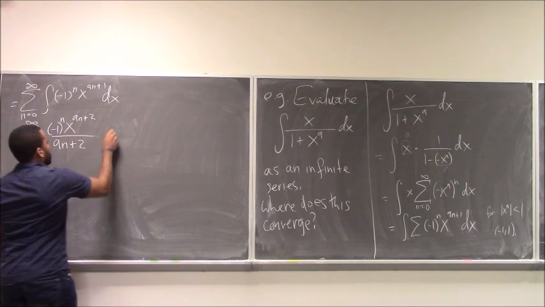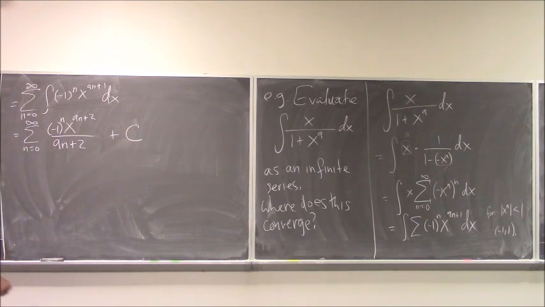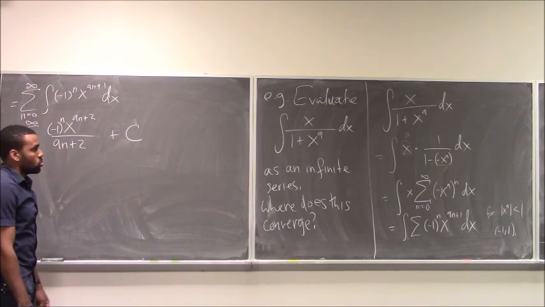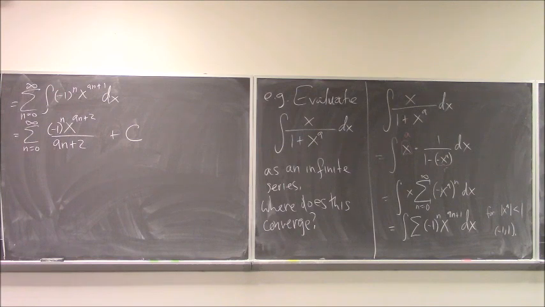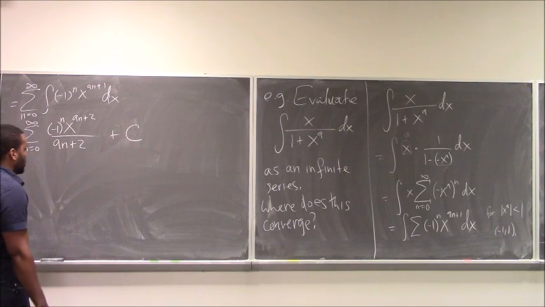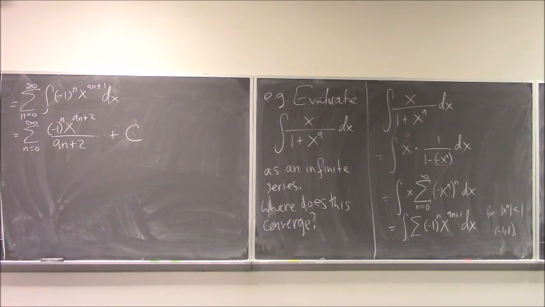Of course, there's going to be plus a constant. Now it turns out you could actually find out what that constant is, but I think we'll do that next time. But that's what the answer would be as a series.